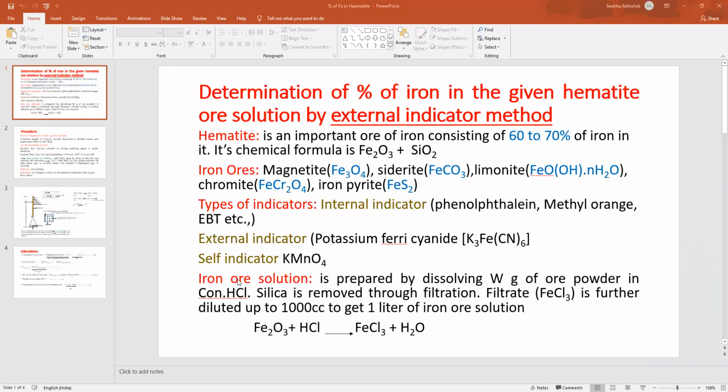The iron ore solution is prepared by taking W gram of ore powder, a known weight, dissolved in concentrated HCl, and then the reaction mixture is filtered.